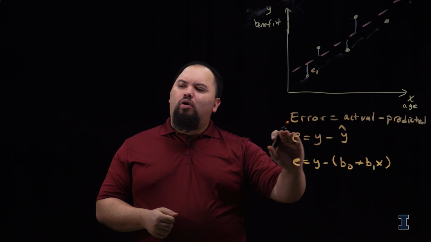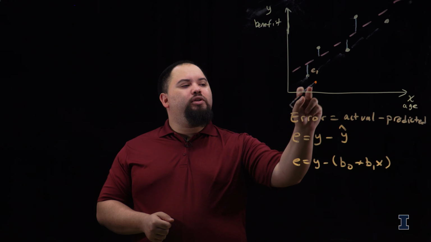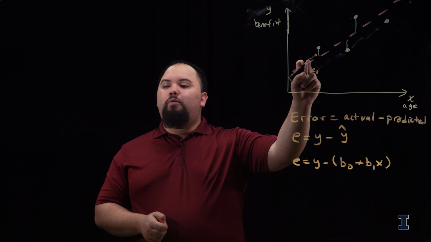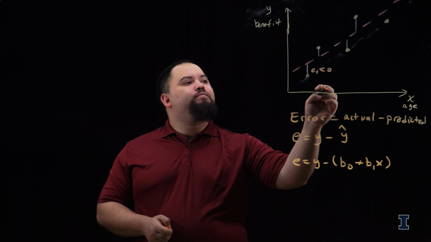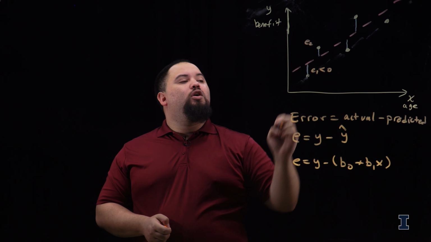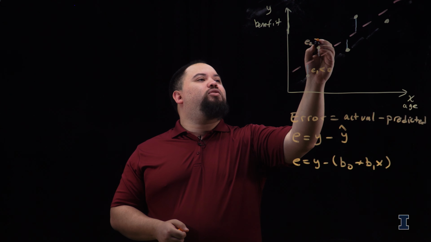Well, if we go to our error equation, it's actual minus predicted. Our actual is below, and our predicted is a little bit larger. So this E1 is going to be less than 0. Over here, we have an E2, where the actual value is above the line, and so this E2 is going to be greater than 0.